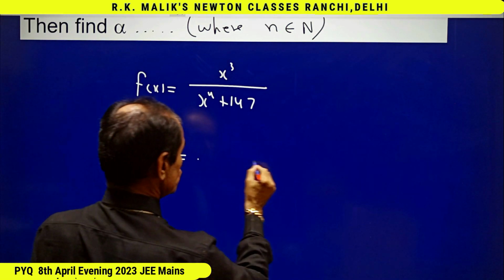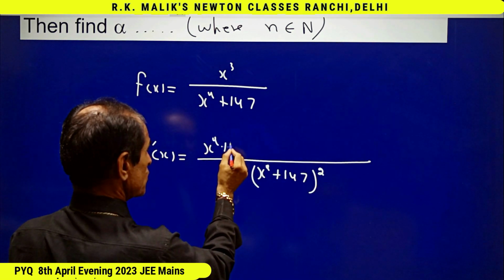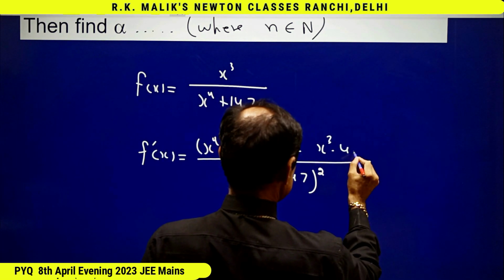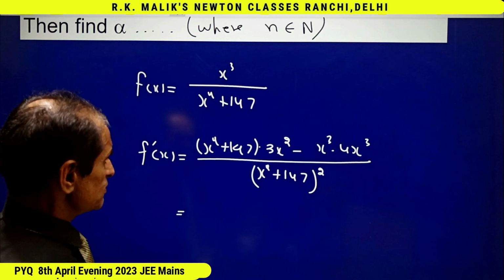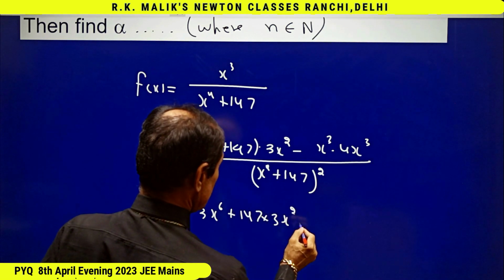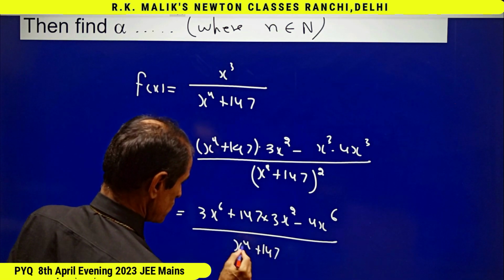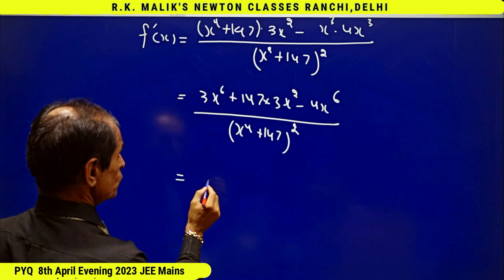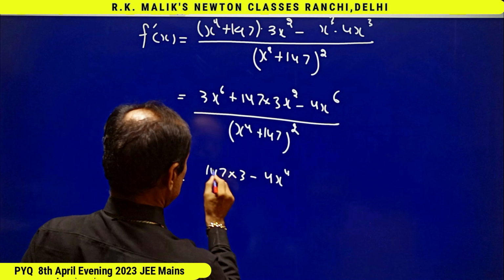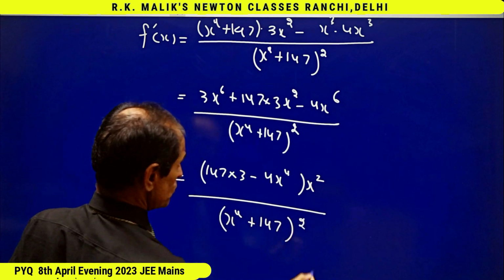Clearly f dash x is equal to, that is I get, (3x power 6 plus 147 into 3x square minus 4x power 6) upon (x power 4 plus 147) whole square.